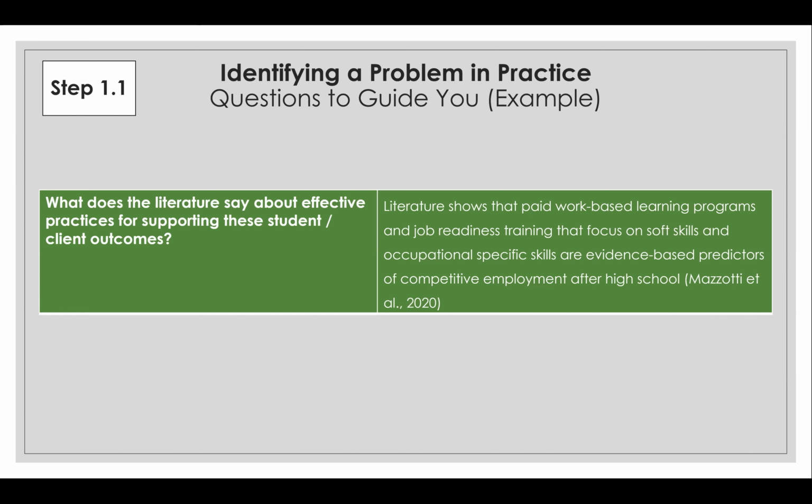And in week 2, you'll learn a specific process for identifying exactly what practices, programs, and services you're going to collect data on, developing questions to measure them, collecting that highly valid and reliable data to make decisions on. So hang tight for that. Right now, we're just focused on getting an initial objective perspective on this problem in practice that you'll investigate and develop recommendations to improve this semester.